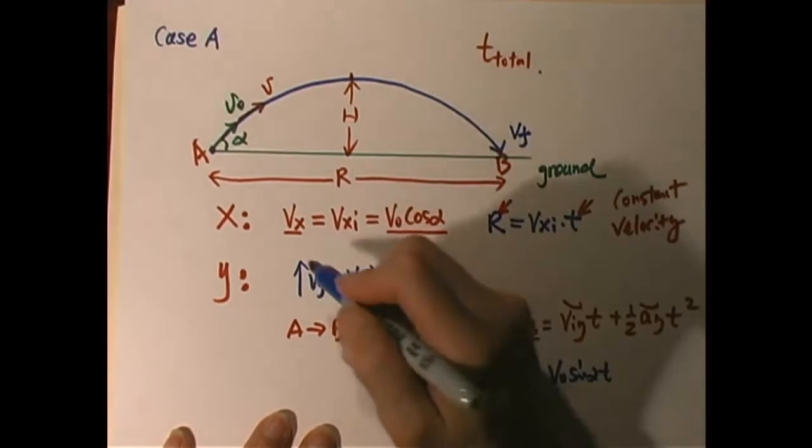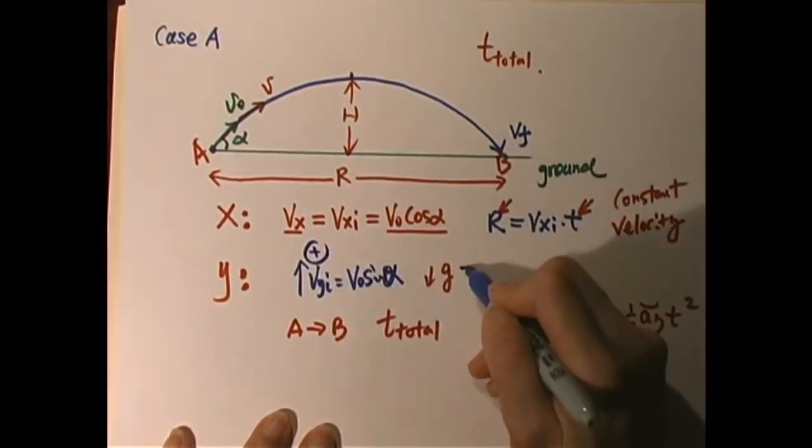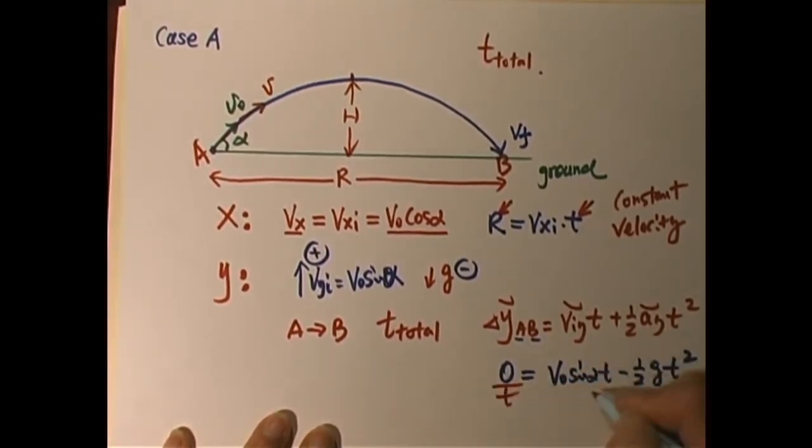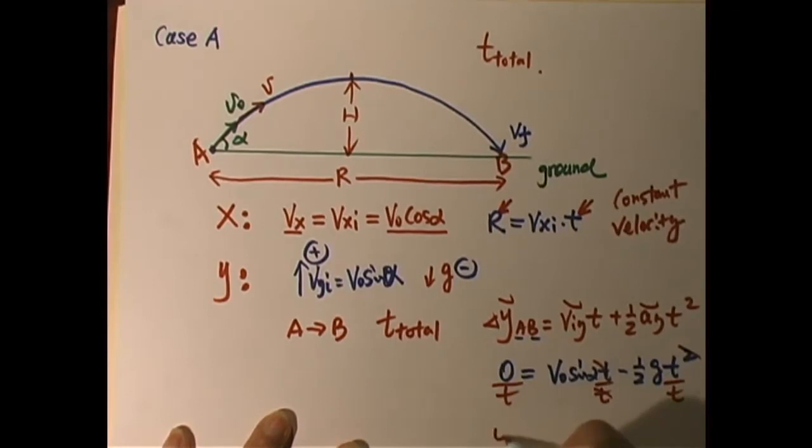If up is positive, then down will be negative for g, so it's negative 1/2 g t squared. If both sides divide by t, this t cancels, and 0 equals V0 sine alpha minus 1/2 g t.